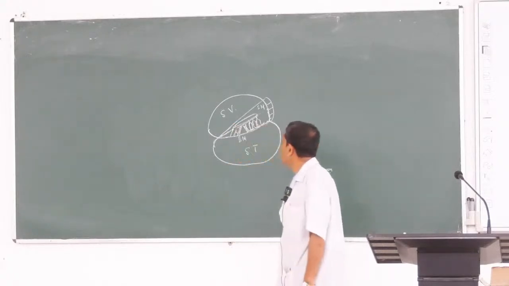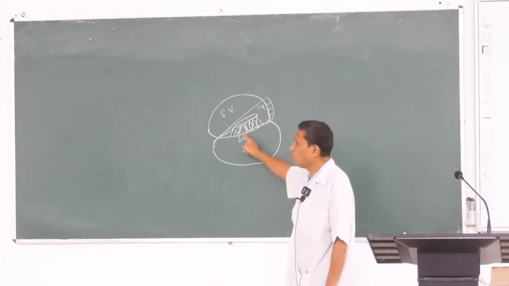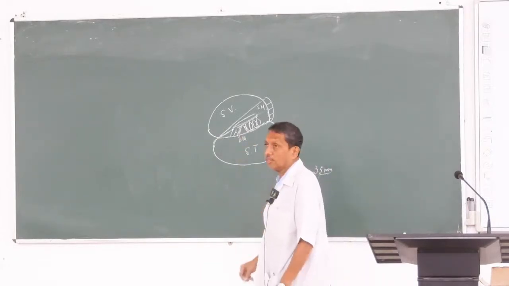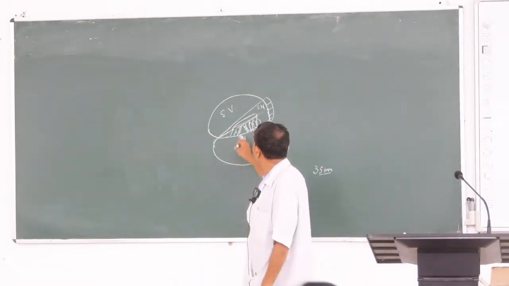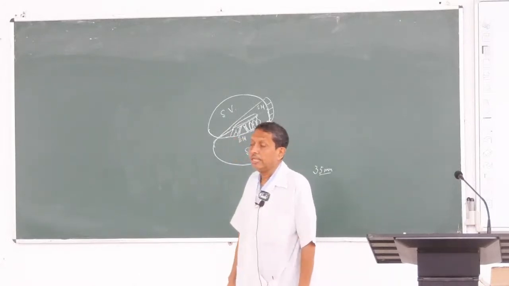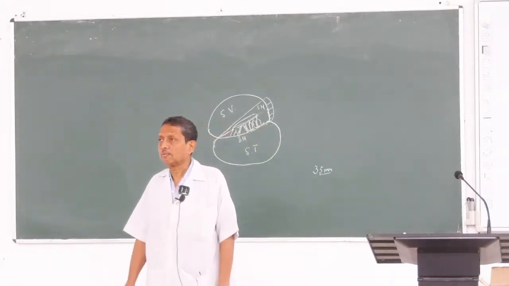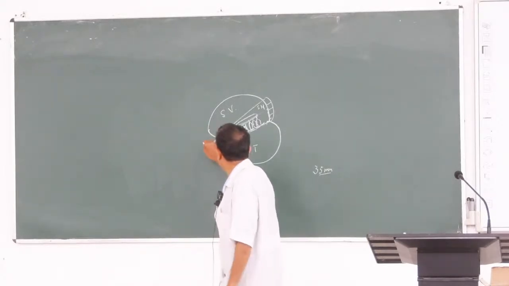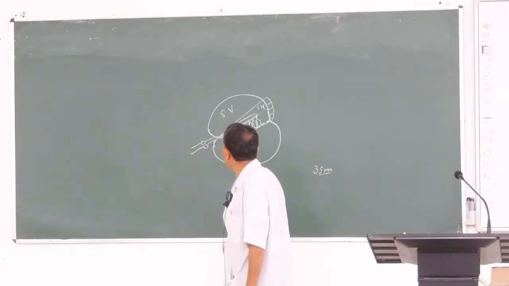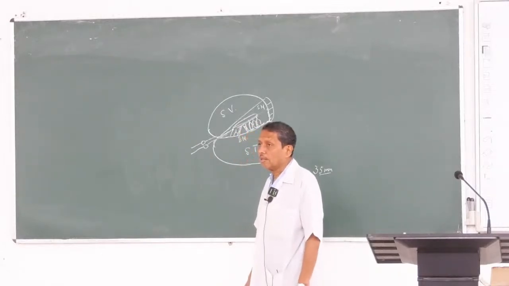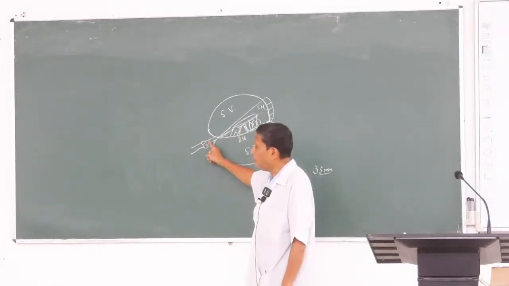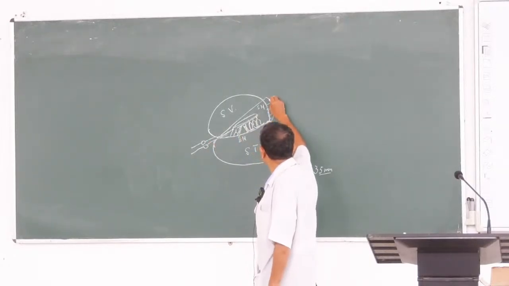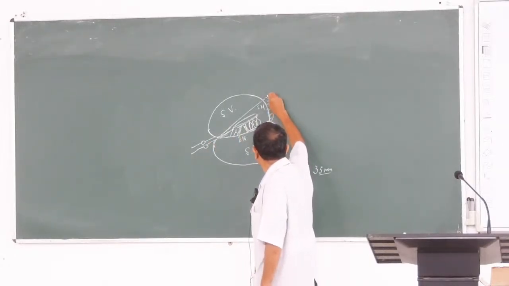And this space between is the tunnel of Corti. On the medial side, the afferent fibers are going to the spiral ganglion of the cochlea, in the bony part, and here is the stria vascularis, and surrounding this is the spiral ligament.